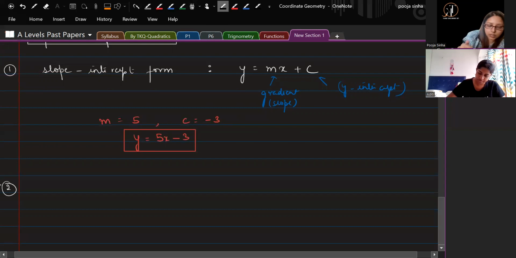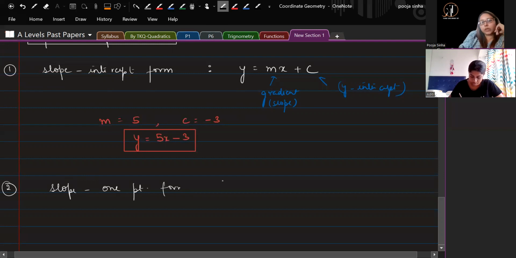The next form is when you have a slope and one point. In that case, we are going to use the formula y minus y1 is equal to m x minus x1.